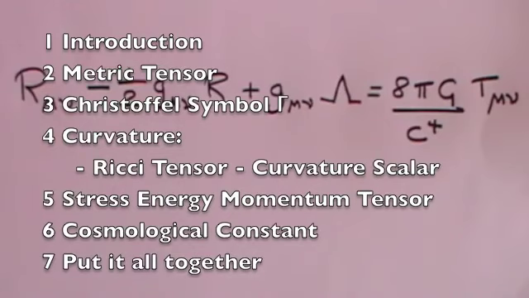Then we'll look at curvature itself, which will enable us to derive the Ricci curvature tensor and the curvature scalar. Then we'll look at the stress energy momentum tensor, and then the cosmological constant, and finally we'll put it all together.